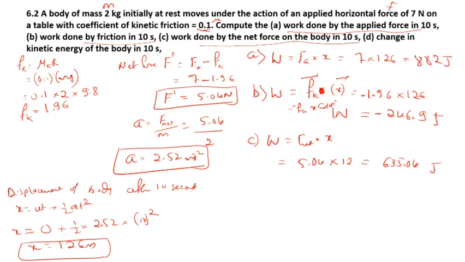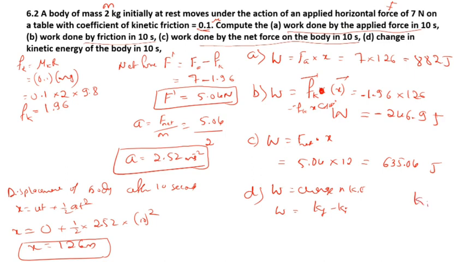Okay, so finally D, the change in kinetic energy of a body. As we know, work done is equal to change in kinetic energy. So this is by work energy theorem. You can write Kf minus Ki, final kinetic energy and initial kinetic energy.